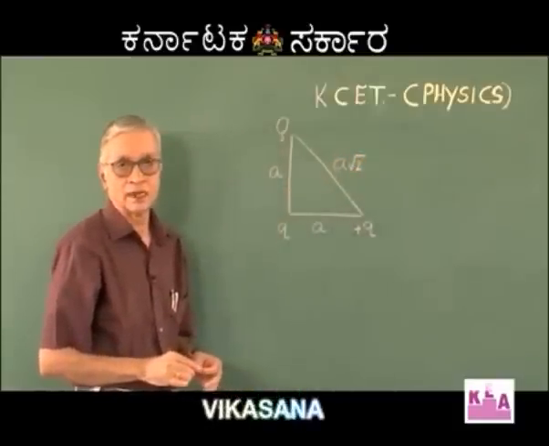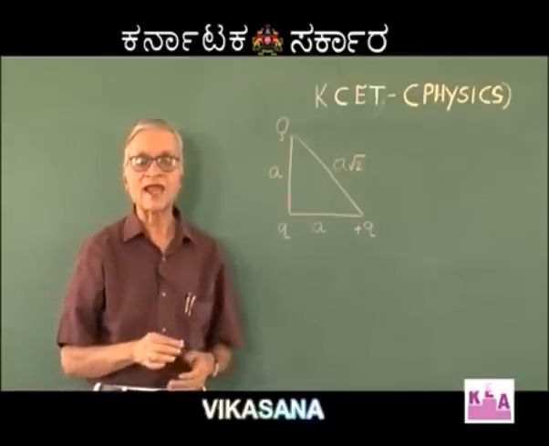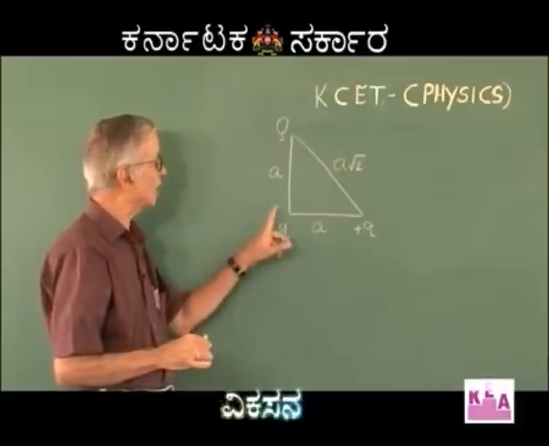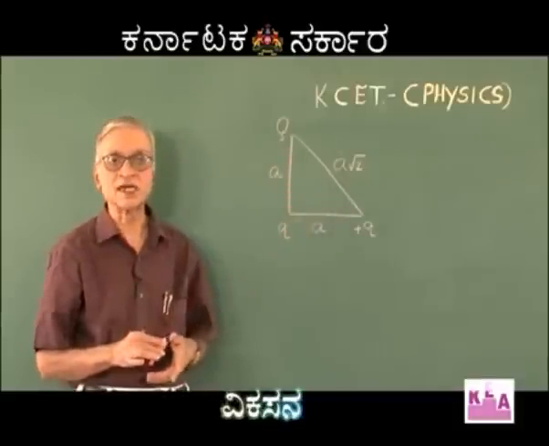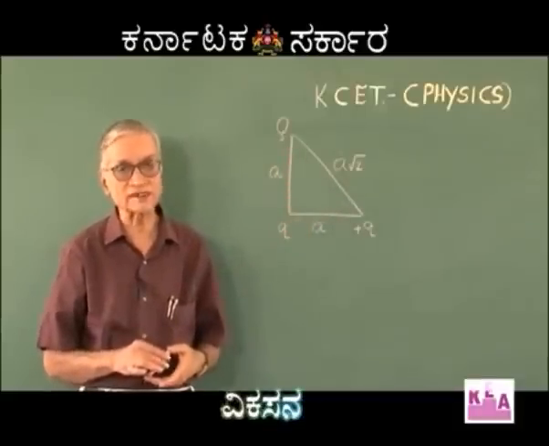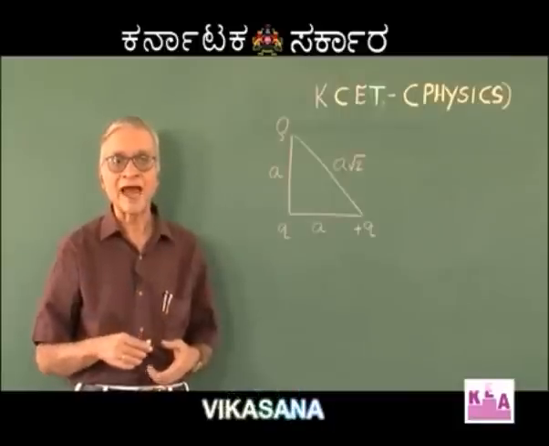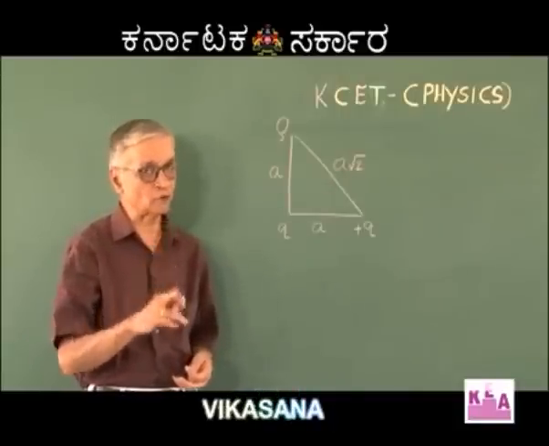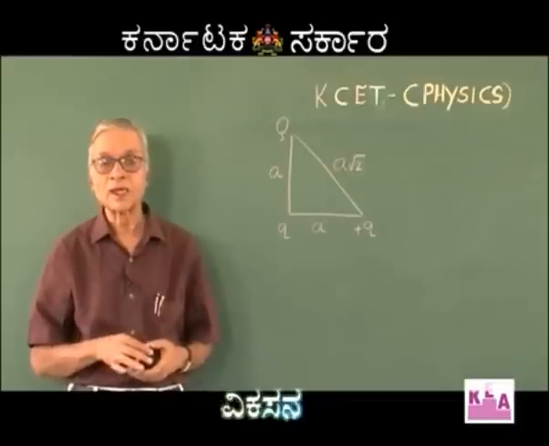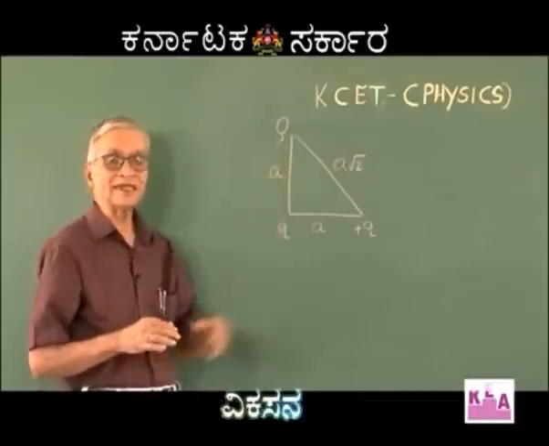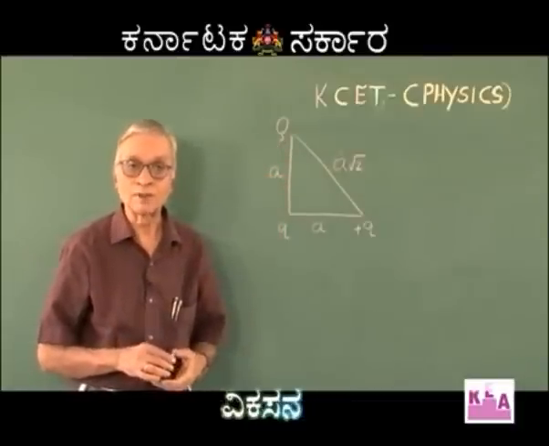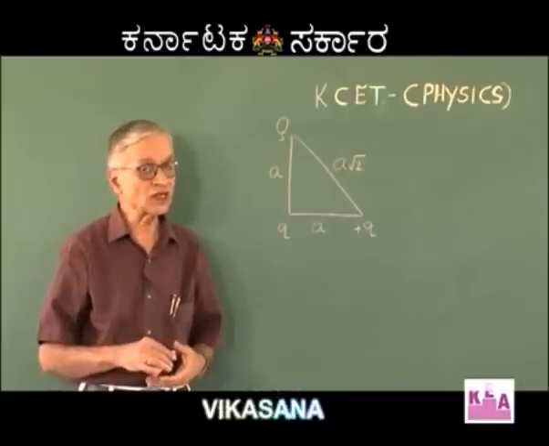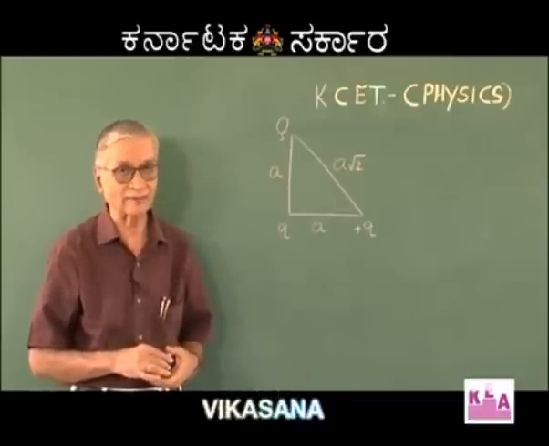Then, you know that the electrostatic energy of a system of three charges Q1, Q2, Q3 is K, and I once again tell you, small k is 1 upon 4 pi epsilon 0, times Q1Q2 divided by R12 plus Q2Q3 divided by R23 plus Q3Q1 divided by R31.